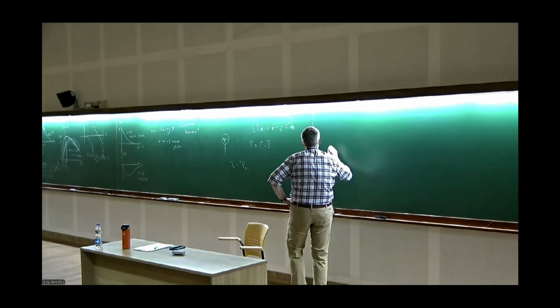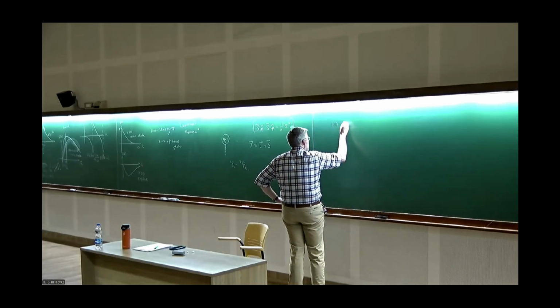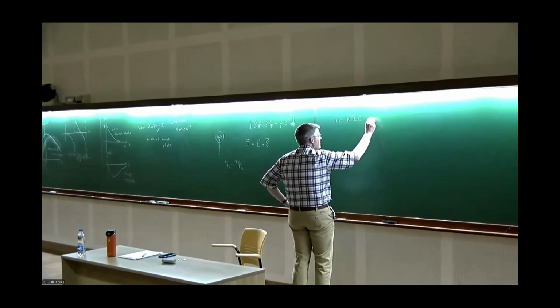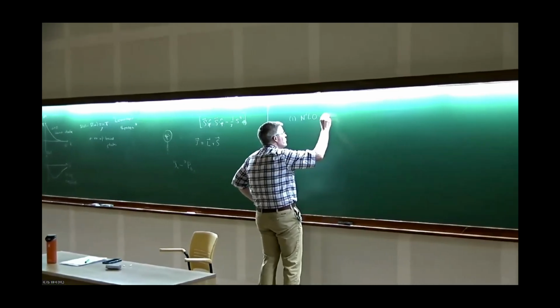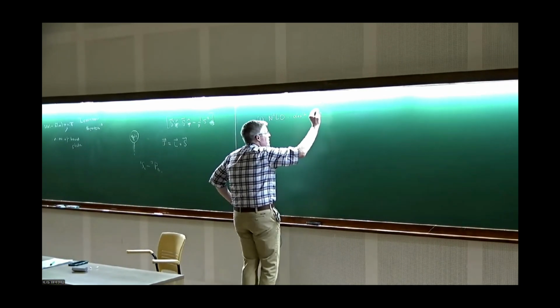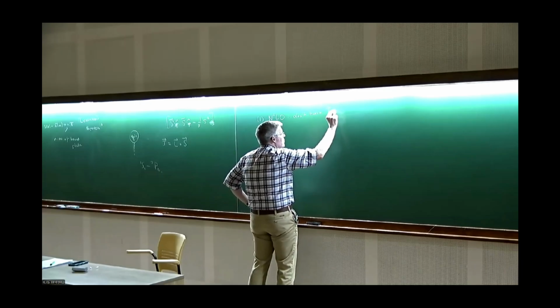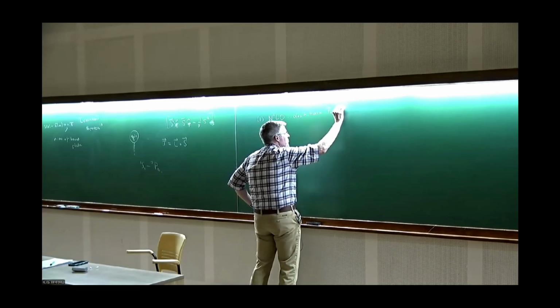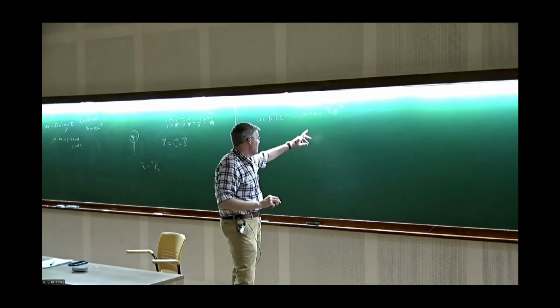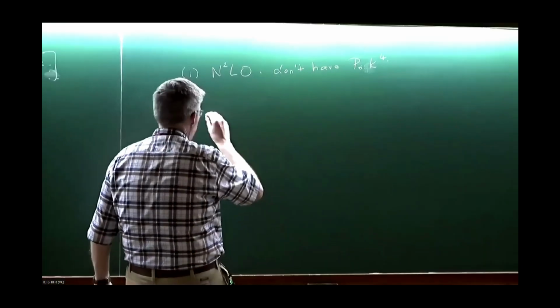The first part is, as you said, and I will talk about this tomorrow, when you go to next-to-leading order, you still don't have the effect of what we call the shape parameter, or the fourth-order term in the effective range expansion. This only enters at N3LO, which I'll be able to explain tomorrow.